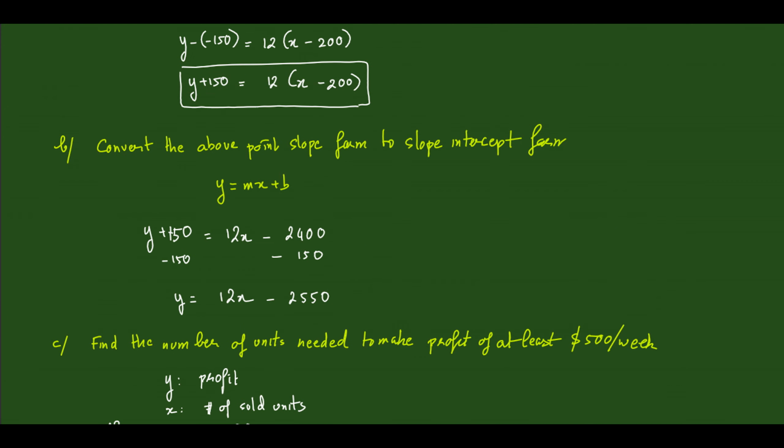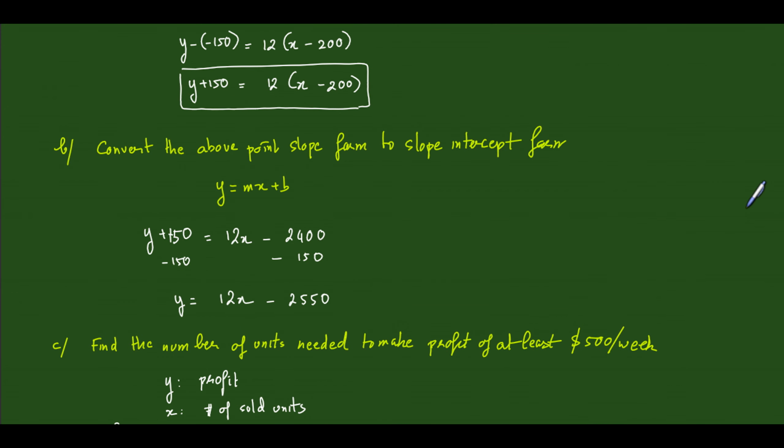12 times 200 is 2400, plus 150 is 2550, plus minus 2550.